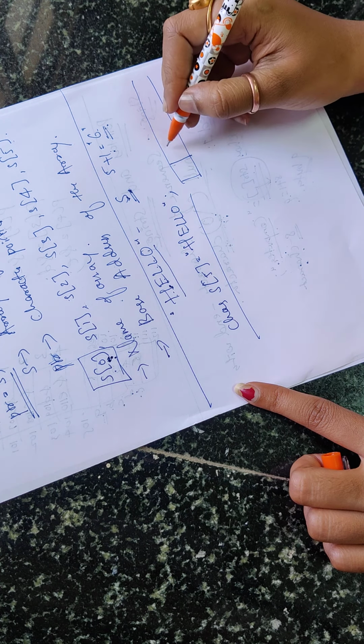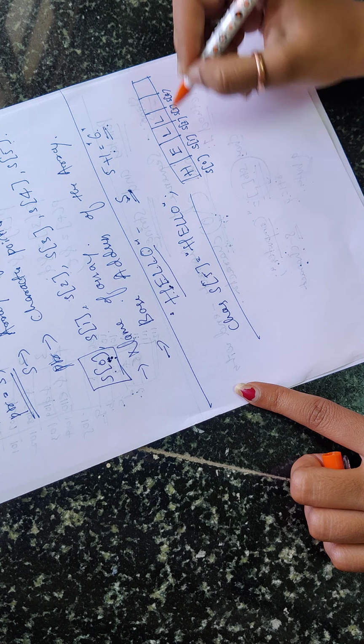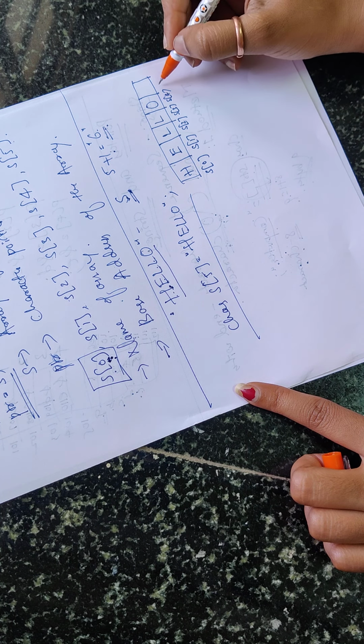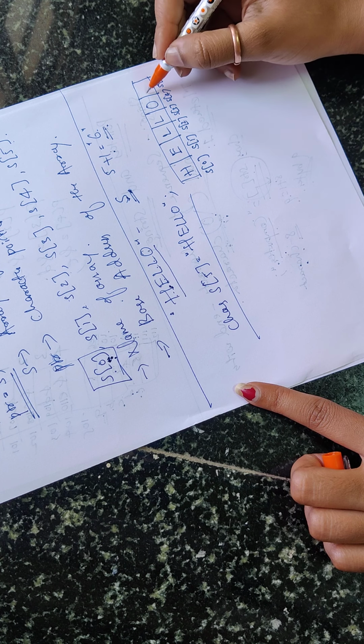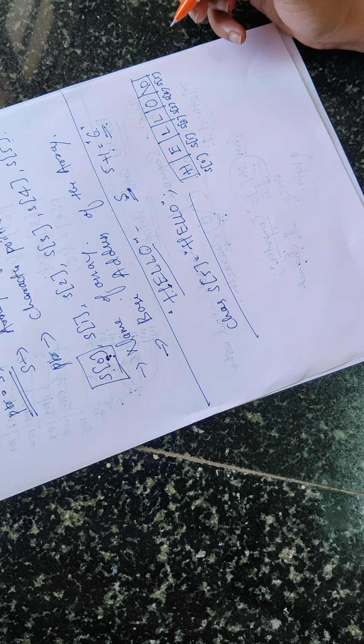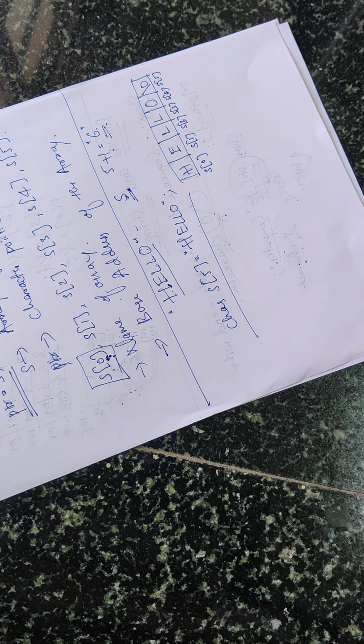In S of 0 what is stored? H. In S of 1, E. In S of 2, L. In S of 3, the next character, L. In S of 4, the last, O, and in S of 5 it is the \0, that is your null character.